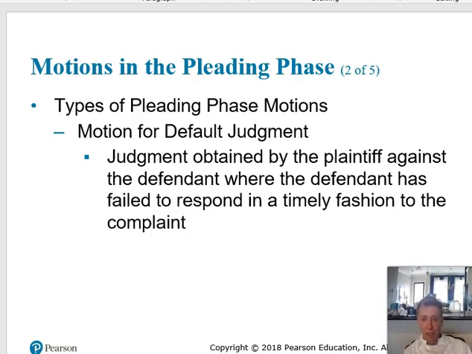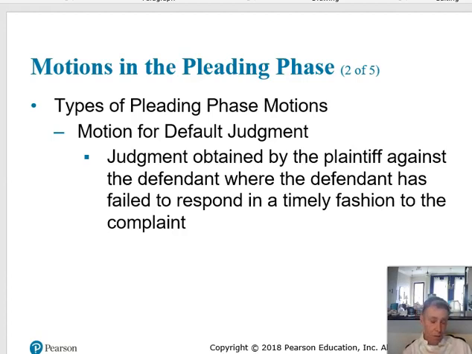Motion for default judgment. Okay, this is a judgment by the plaintiff against the defendant where the defendant has failed to respond in a timely fashion to the complaint. You issued the complaint, they have 30 days to respond, they didn't. So you might make a motion for default judgment.